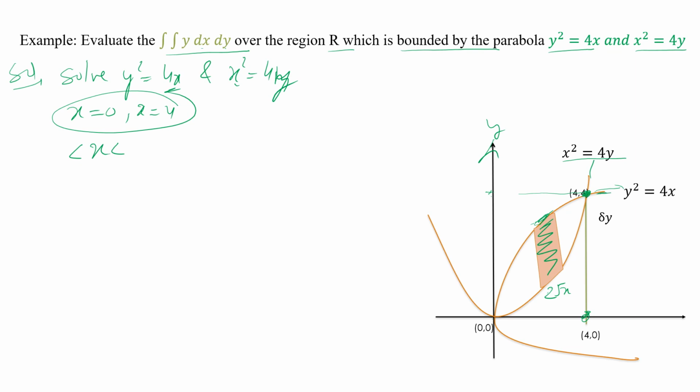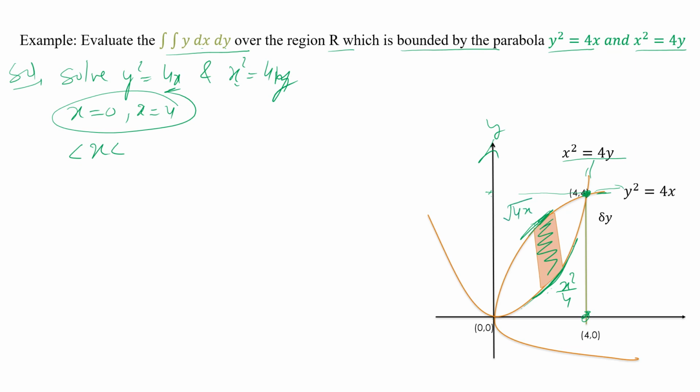So in that case, y varies, that's the equation. So we can say y is equal to x square by 4, the equation of that curve, and the equation of this curve, the term of x is root 4x.